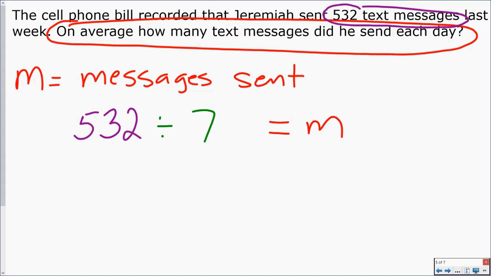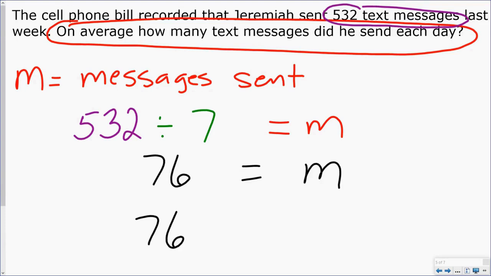So when I do that, I take 532 and divide it by 7, and I get 76 equals M. That tells me how many messages he sent each day according to my variable. But again, this is just my solution to my equation. So I need to write my answer of 76 text messages sent each day.